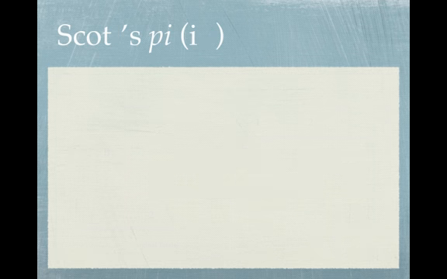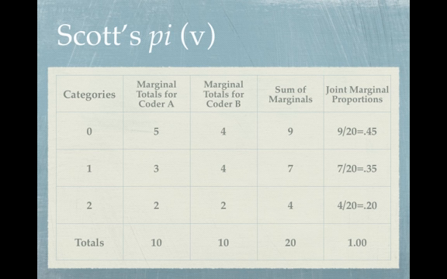We input them based on the category, and we sum them. And after we sum them, we divide them by the total number of cases that they have both coded.